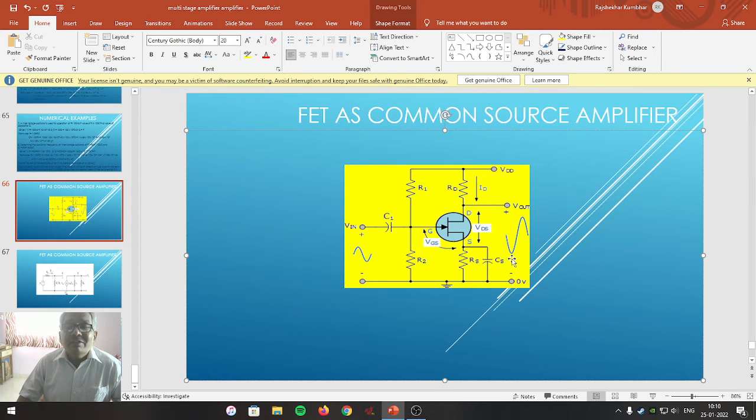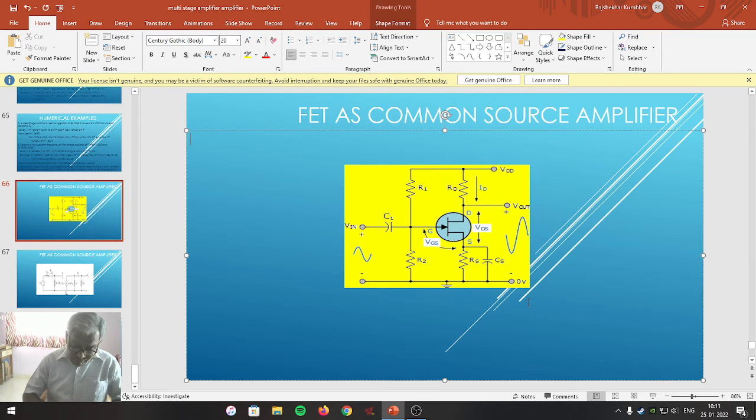Friends, this amplifier is now to be analyzed so as to calculate its voltage gain, current gain, power gain, input impedance and output impedance.